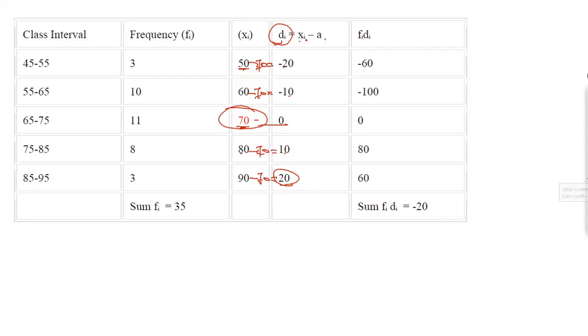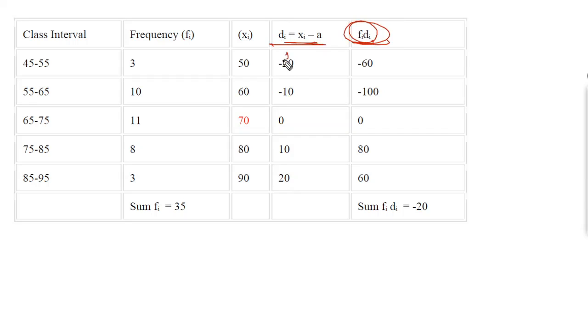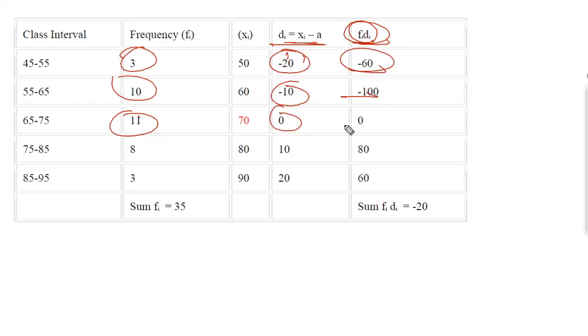Now after finding di, what we will do? We will multiply fi and di. So fi is your 3 into minus 20 will be minus 60. 10 into minus 10 is minus 100. 11 into 0 is 0. 8 into 10 is 80. 3 into 20 equal to 60.